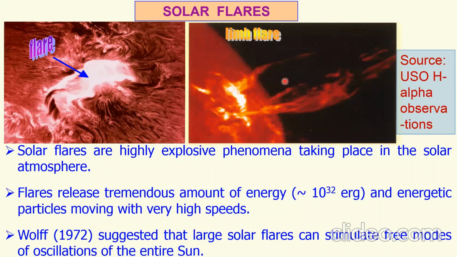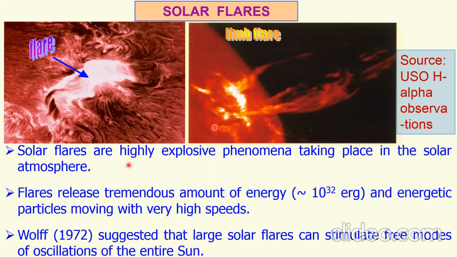This is on the disk, whereas this is happening near the limb, and one can see the ejection of plasma during the flare. So it is being thrown out during the flare, as well as the burning of the gases, and also the ejection of plasma, which goes into the interplanetary space and can cause space weather, can affect the environment around the Earth in various ways. So this is a limb flare.